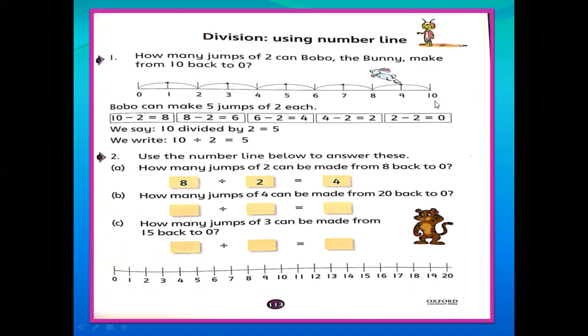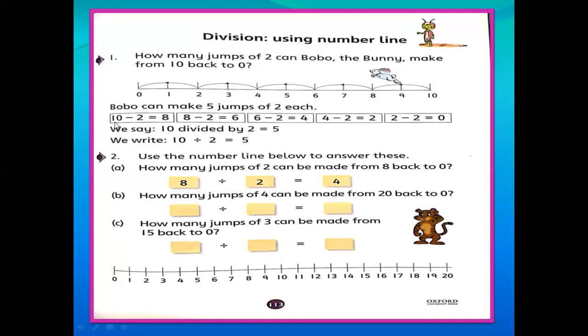In one jump, Bobo takes how many steps? 2. So from 10 to 8, then 8 to 6, then 6 to 4, then 4 to 2, and then 2 to 0. So how many jumps? 1, 2, 3, 4, 5. So Bobo can make 5 jumps of 2 each.